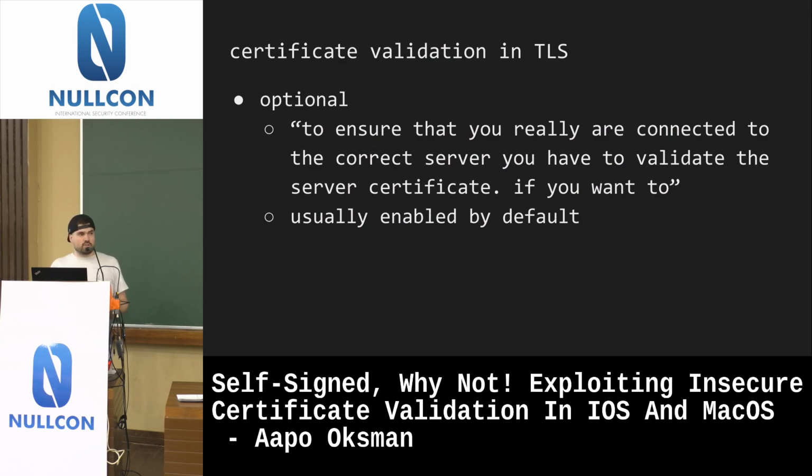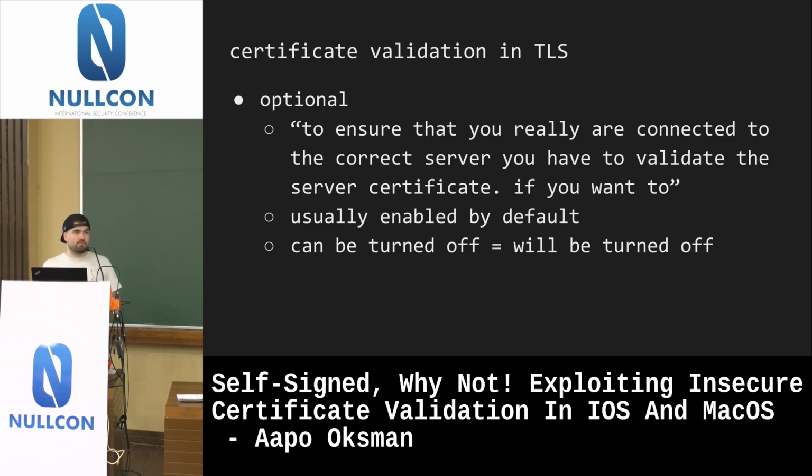But if you don't check the server certificate, you have no idea who you are connecting to. So you are connecting securely to anyone. Thankfully, certificate validation is usually enabled by default. But it can be turned off. And if something can be turned off, it definitely will be turned off by someone.